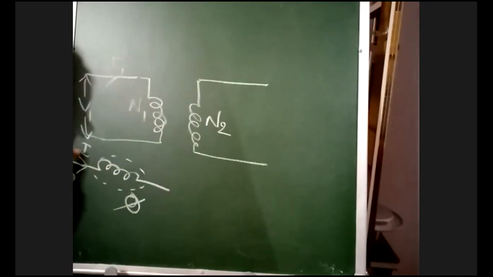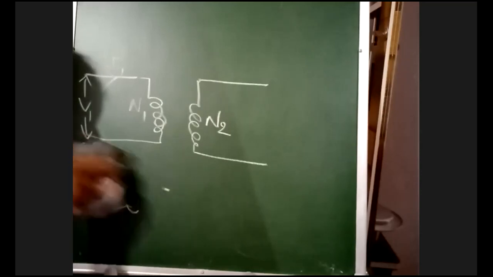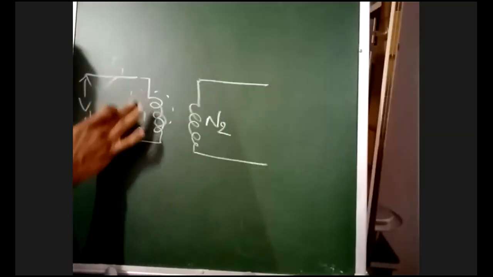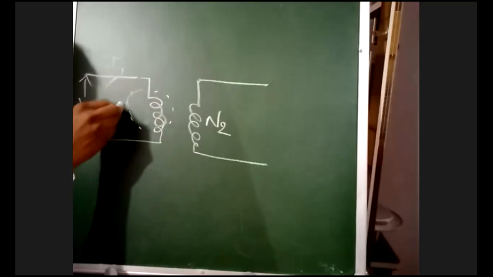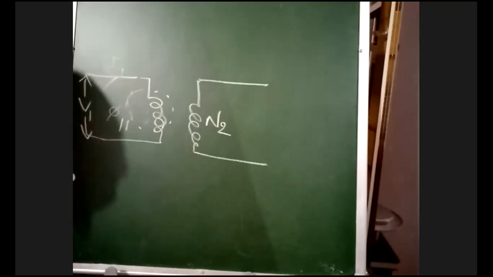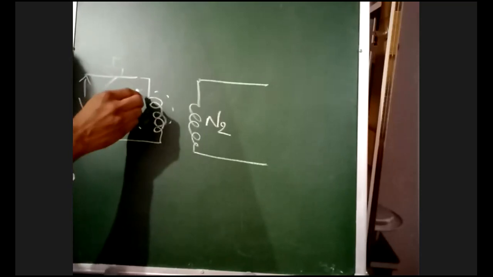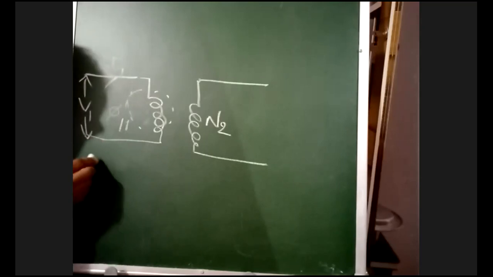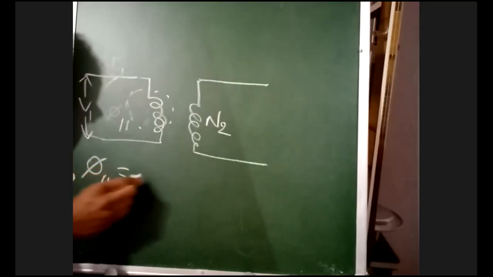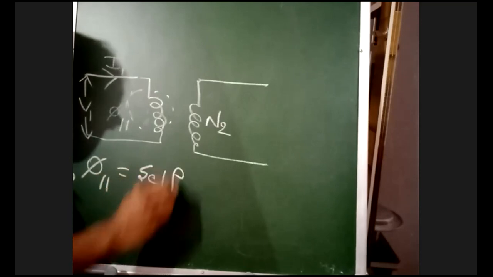This is the electric quantity. From the electric quantity, you will get magnetic flux, a magnetic quantity. So around this coil, flux is developed. I am calling it phi11.